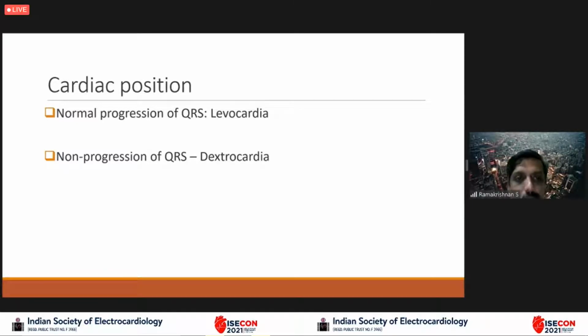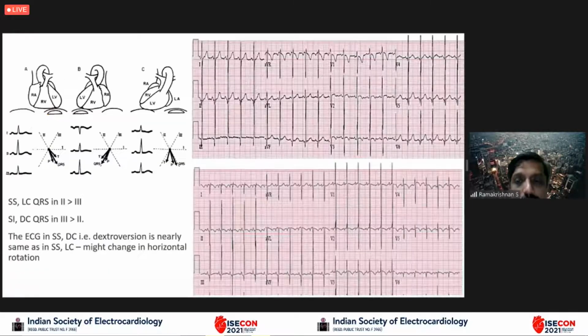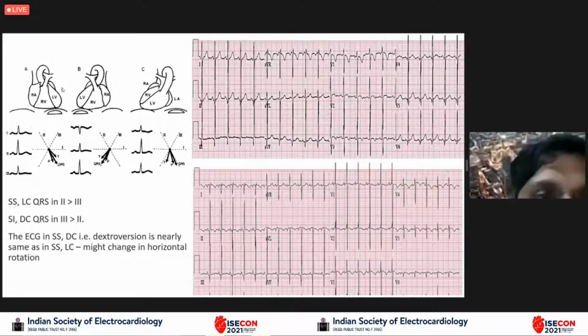It's very simple. So now, what are the changes? Figure A is classical levocardia, then you have situs inversus with mirror image dextrocardia, and you have dextroversion.